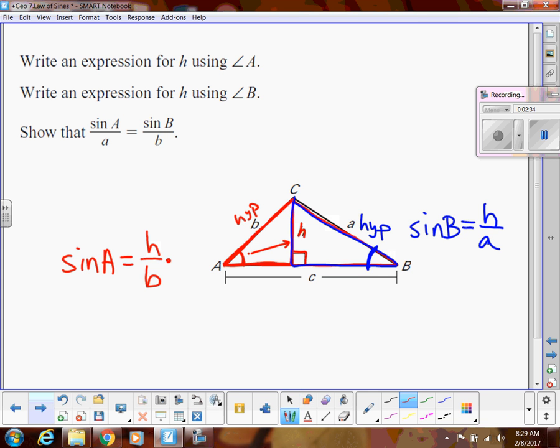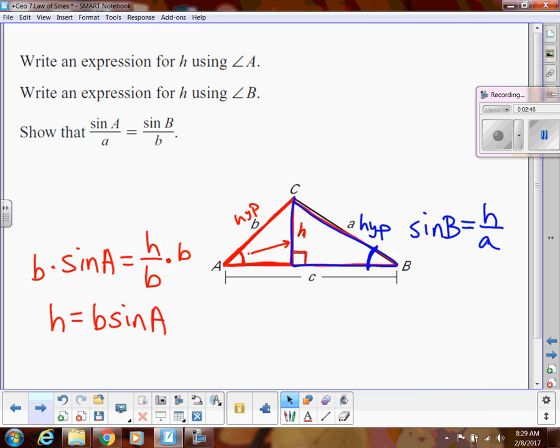I'm going to multiply by B over here, so H is equal to B times the sine of A. And over here, I'm going to multiply by A, and H is equal to A times the sine of B.